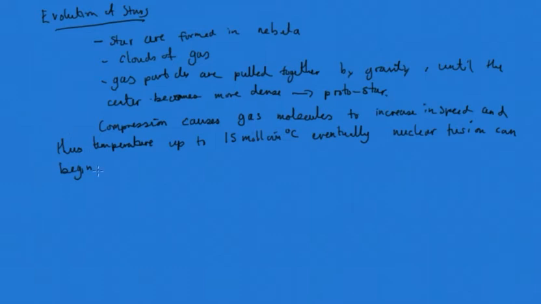Once nuclear fusion begins, the thermal energy generated prevents the protostar from shrinking anymore.